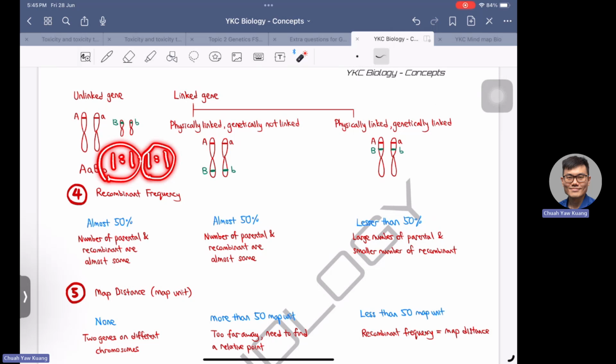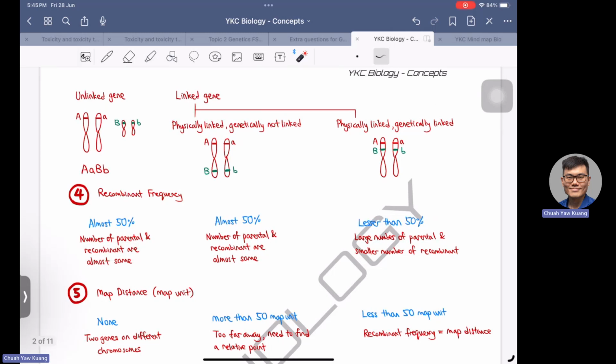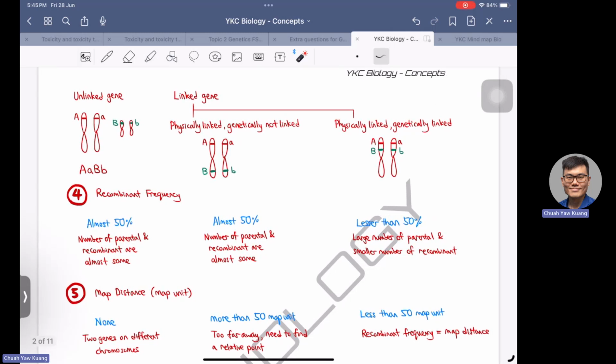When we calculate the recombinant frequency, we take the recombinant divided by the total, then times 100%. We will find that the recombinant frequency is almost 50%, because the number of the parental and the recombinant offspring is almost the same.